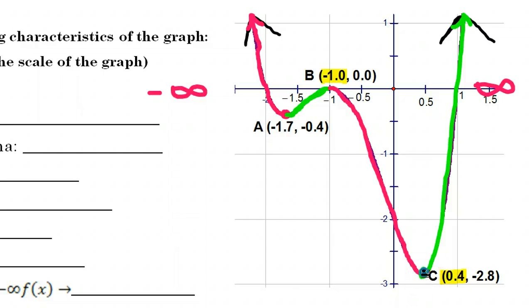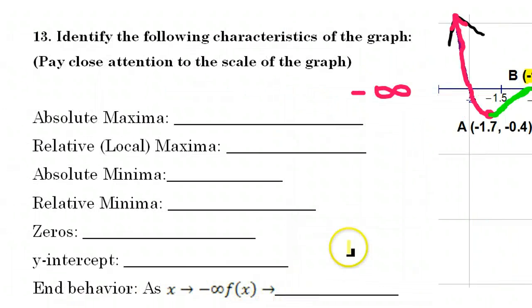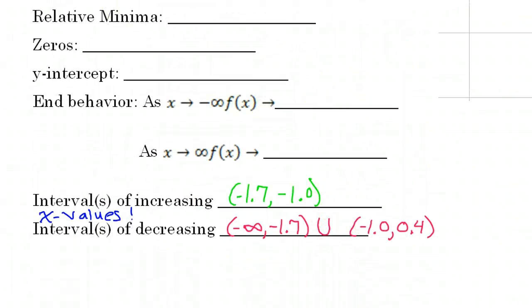So this increasing interval starts here at an x value of 0.4 and it goes to the right forever. So we're going to say 0.4 to infinity. Okay, not because it's going up, but because it's going to the right forever. So 0.4 to infinity and beyond.